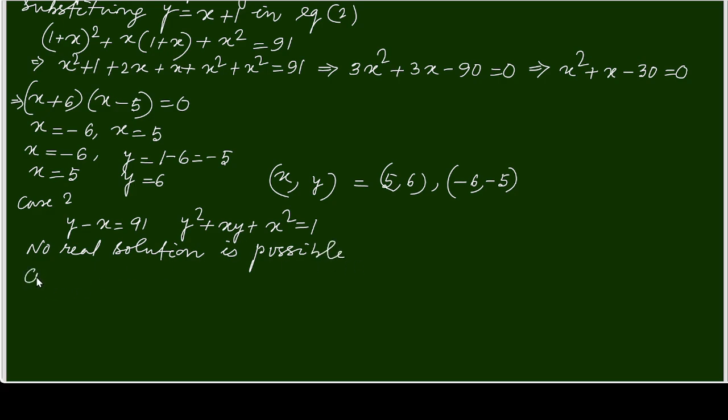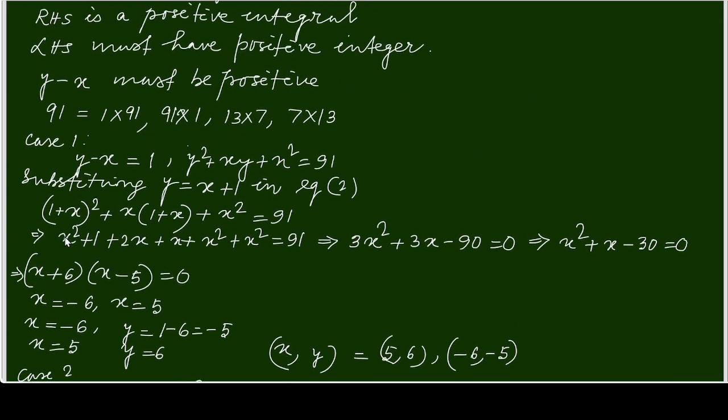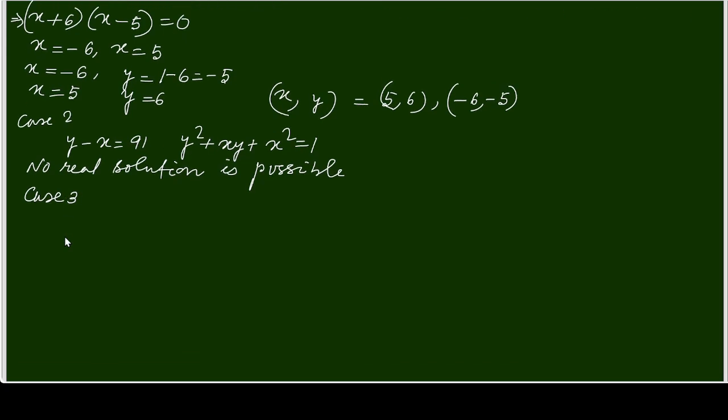Case 3. Here we have taken 13 into 7: y minus x is equal to 13 and y squared plus xy plus x squared is equal to 7. Here also no real solution is possible.